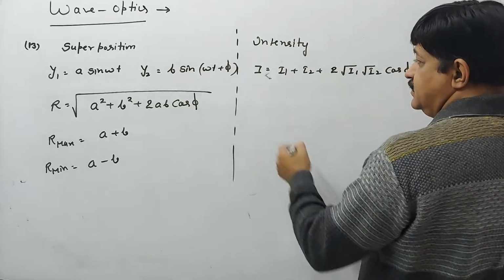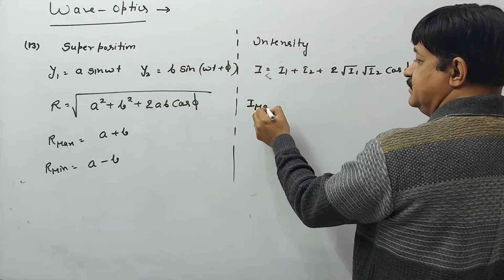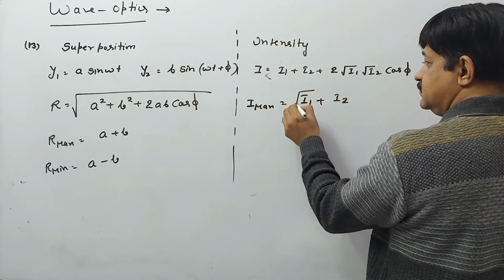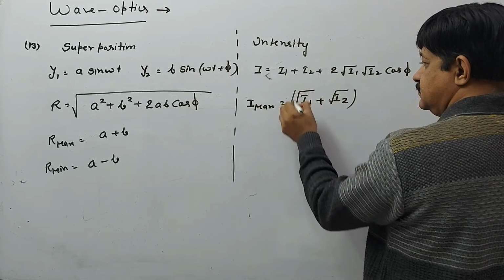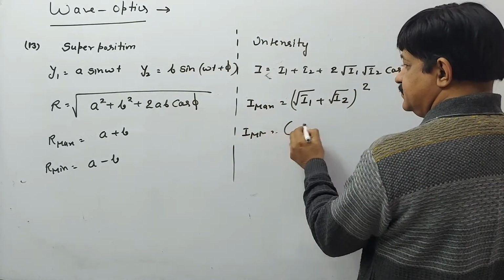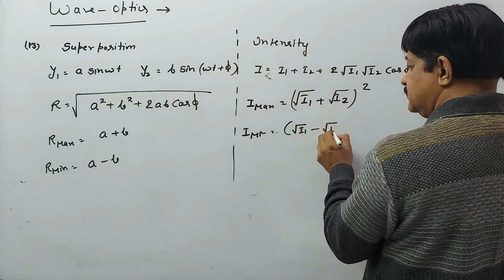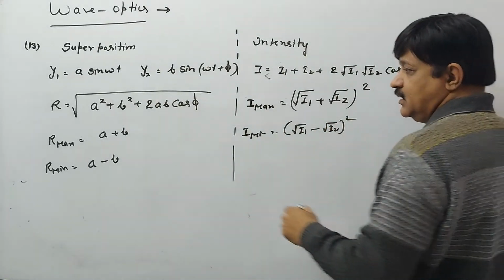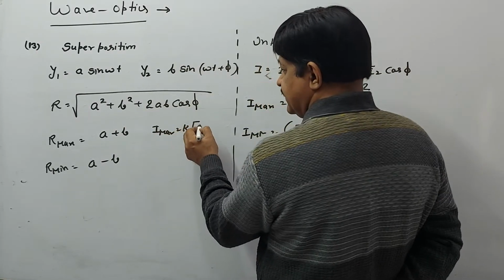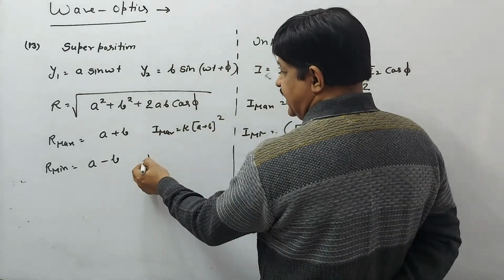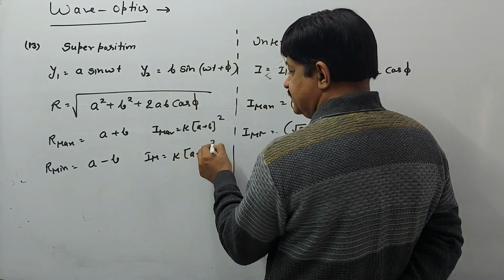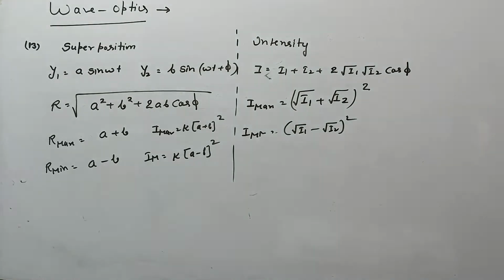Cos phi with I maximum and I minimum. I maximum can also be expressed in terms of this as k a plus b whole square, and I minimum can also be written as k a minus b whole square.